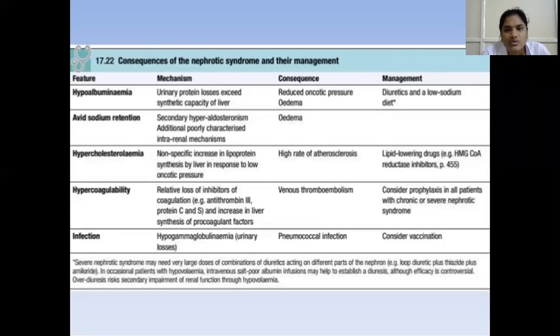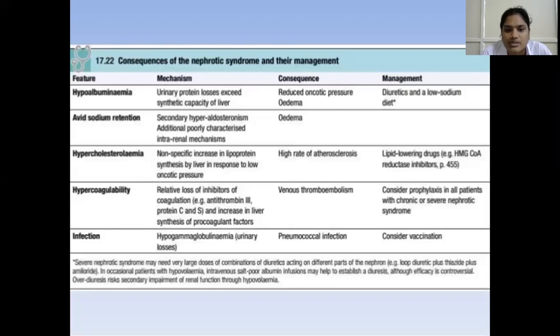Infections: all the infections will be treated, because urinary loss of immunoglobulins is present. For pneumococcal infection, consider vaccination. In severe nephrotic syndrome, we can consider a combination of diuretics, not one type but different types of diuretics.